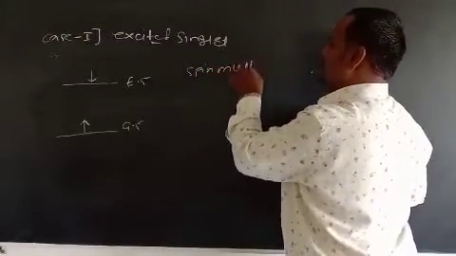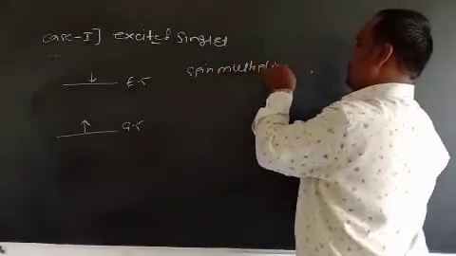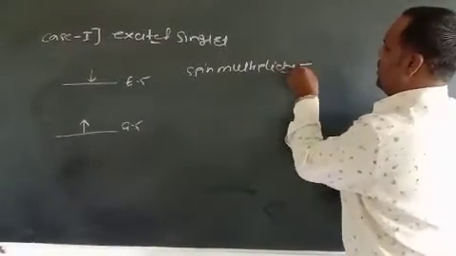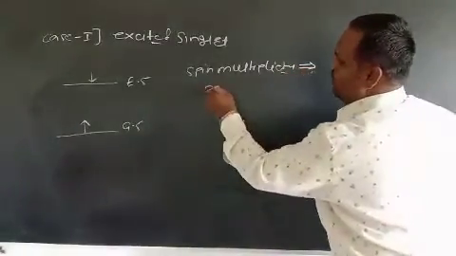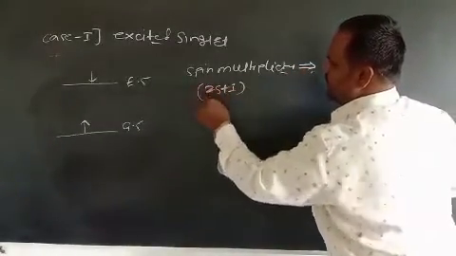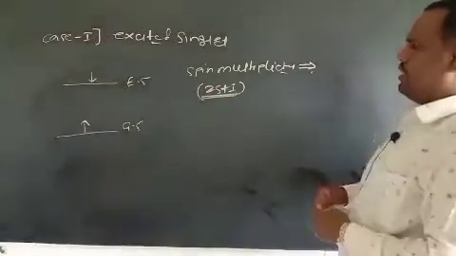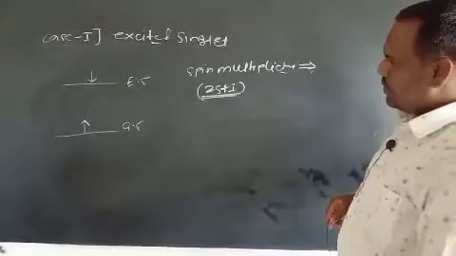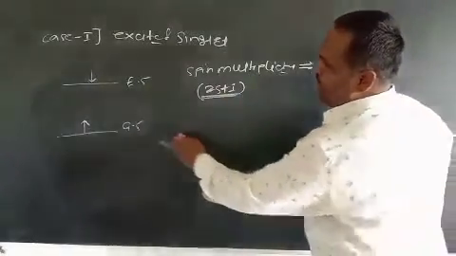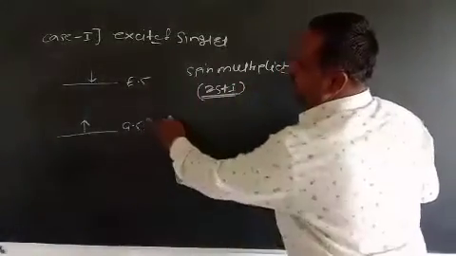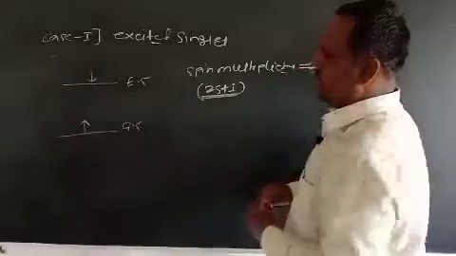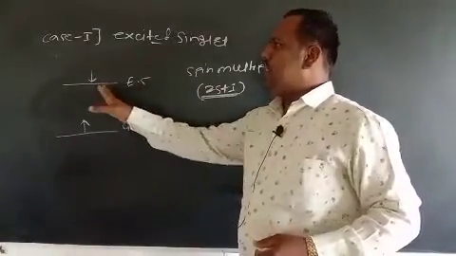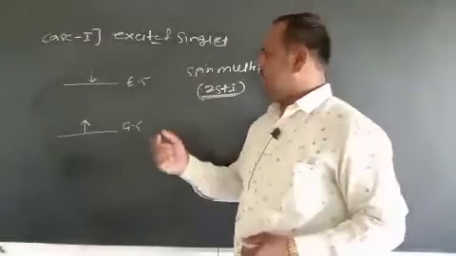Spin multiplicity is given by the formula 2S plus 1, where S stands for the total spin of the electrons. So in this case first, one electron goes into the higher energy state, but there is no change in the spin of the electron.